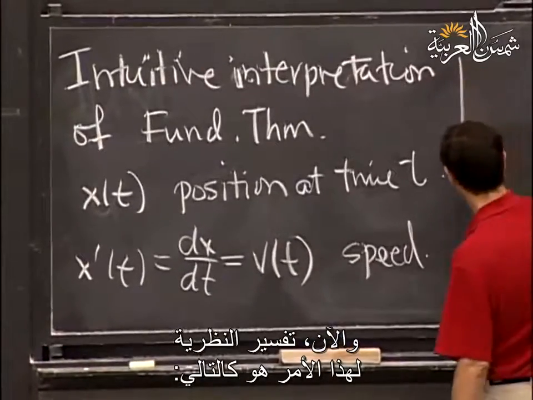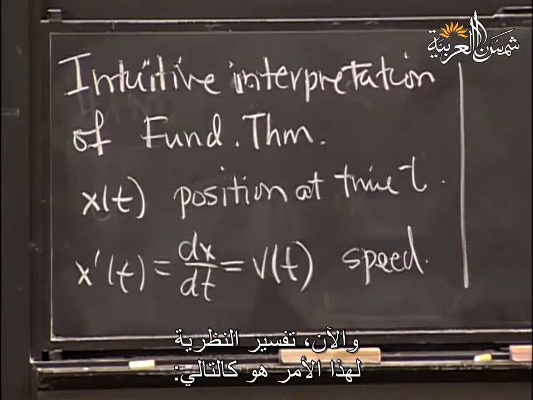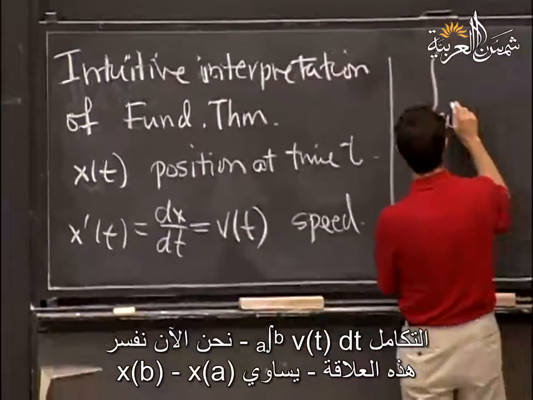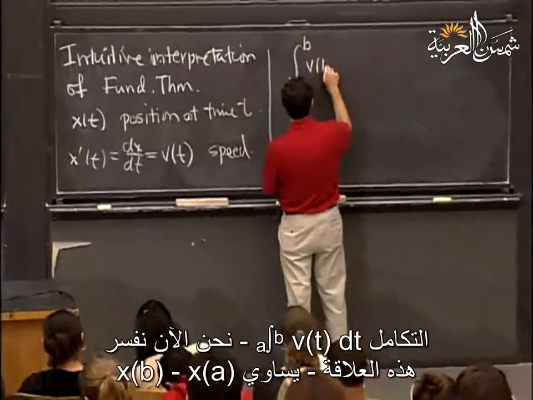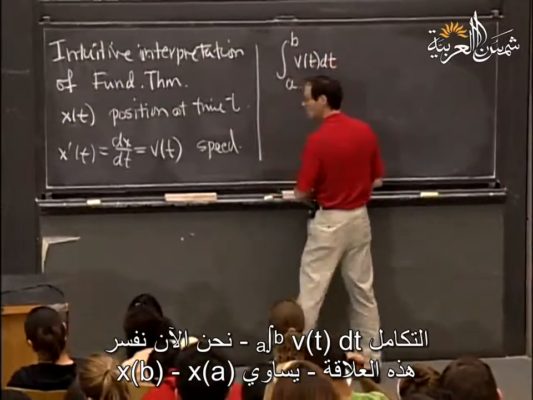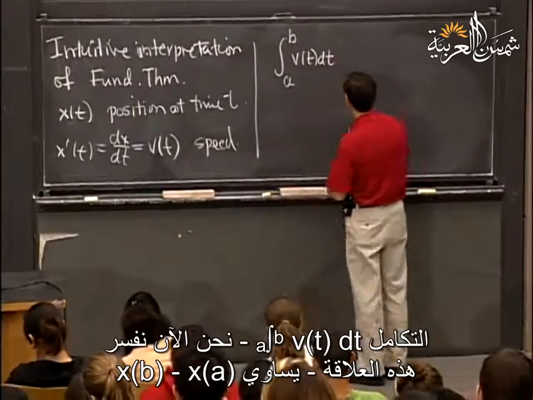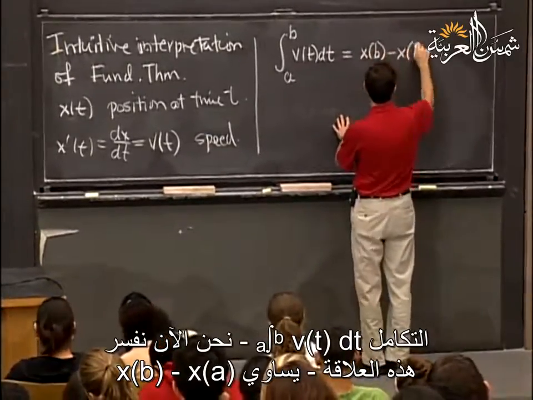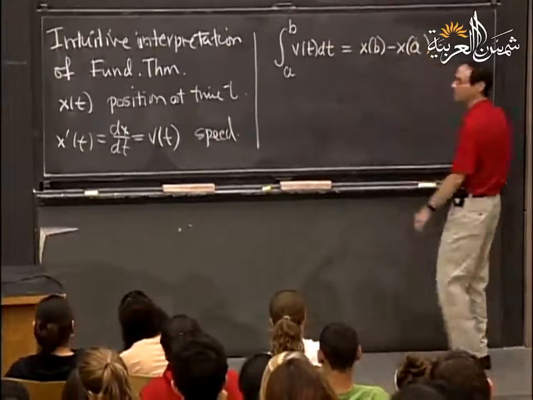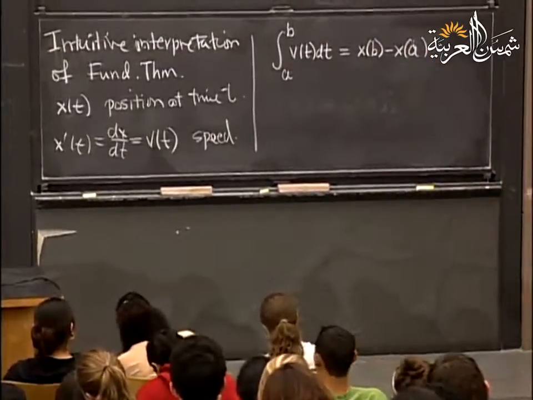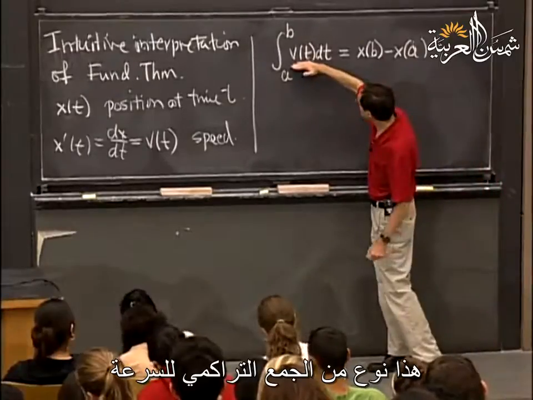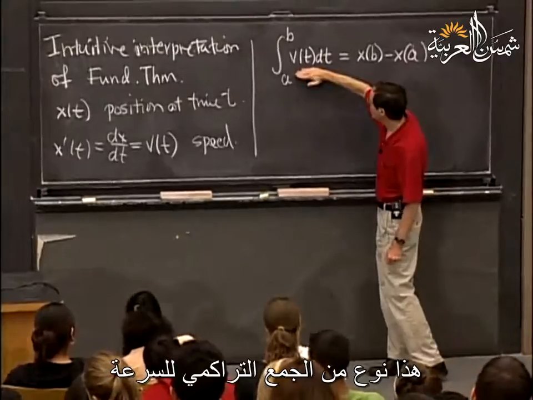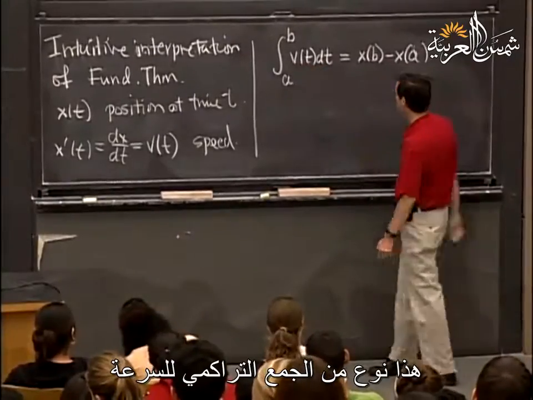And then what the theorem is telling us is the following. It's telling us the integral from a to b of v of t dt, so reading the relationship, is equal to x of b minus x of a. And so this is some kind of cumulative sum of your velocities.